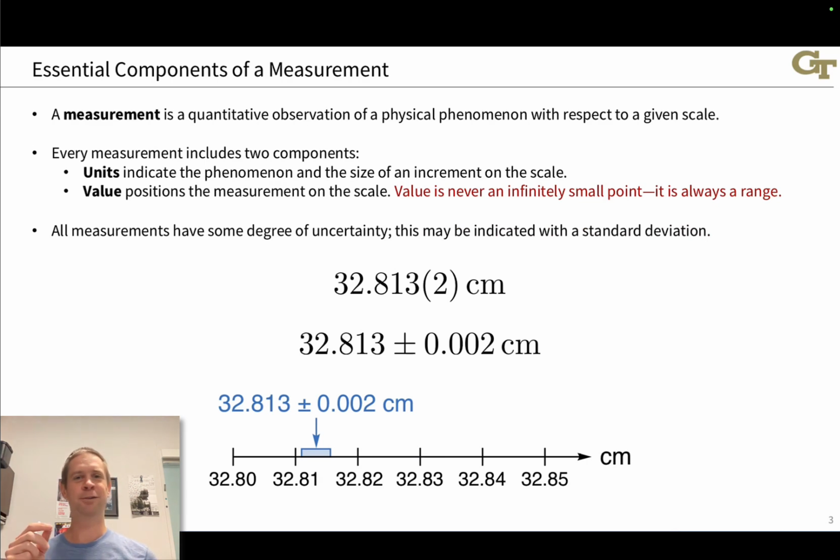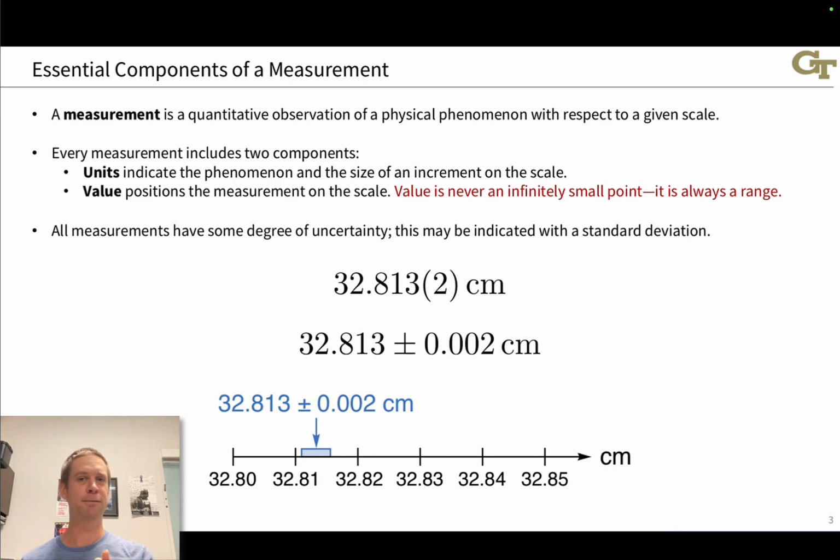Even if you think about something like throwing a dart on a dartboard, the pointy part of the dart has a finite width. So that dart is defining a teeny tiny little circle where it hits on the dartboard, and that circle corresponds to a range of positions, not a single, infinitely small point position. So value is always a range.